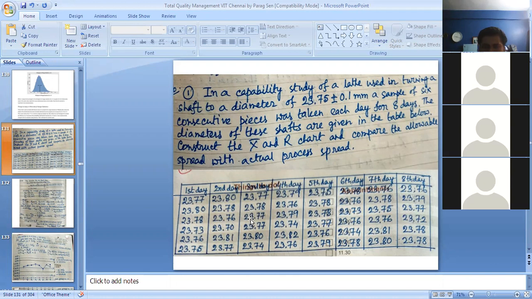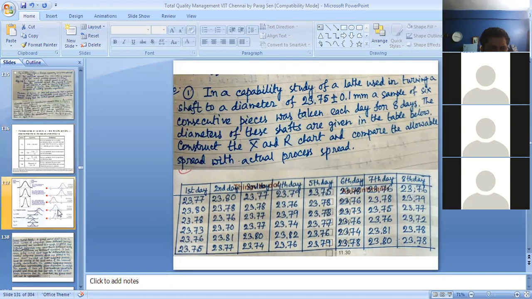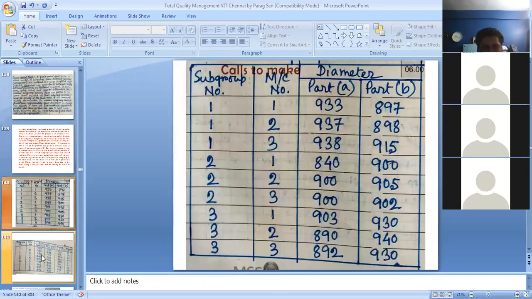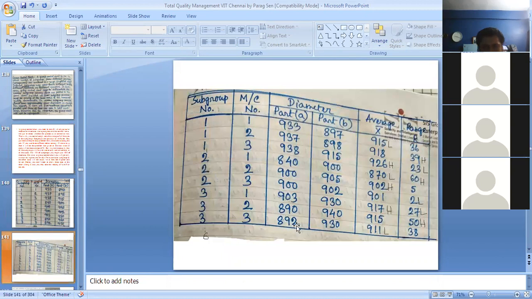That means your small n will be 2. That means you will be operating only, suppose, 2 shafts instead of 6 shafts. So then what will be the case? Then your problem will look like this.